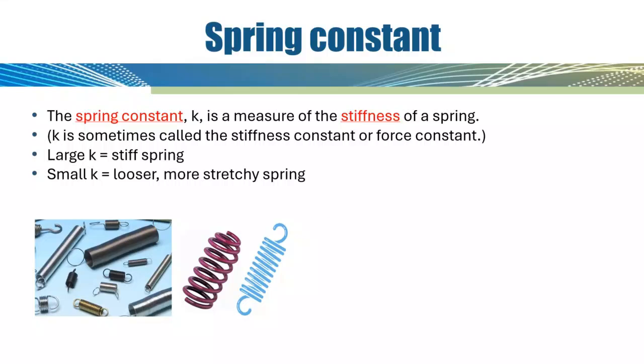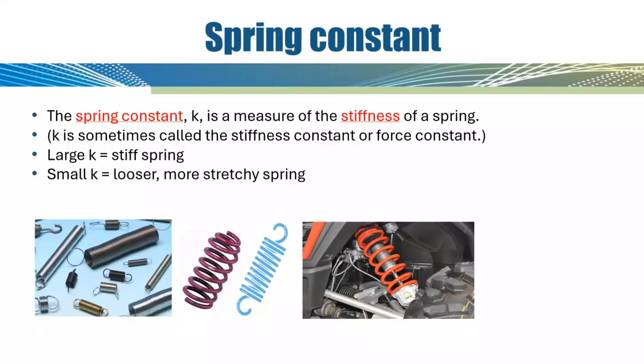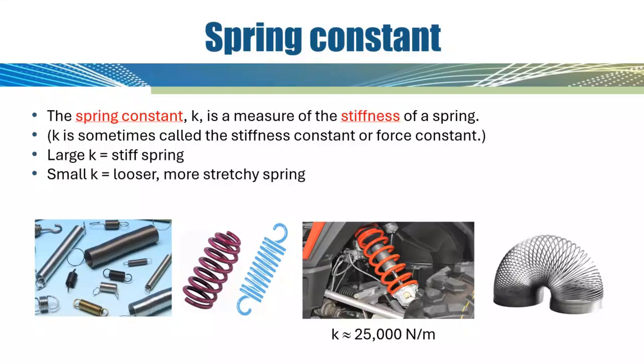For example, the spring in the shock absorbers of your car might have a k value of 25,000 newtons per meter, while a much looser spring, like a Slinky, might have a k value of 0.5 newtons per meter. We can determine the units of k by rearranging Hooke's law and solving for k.